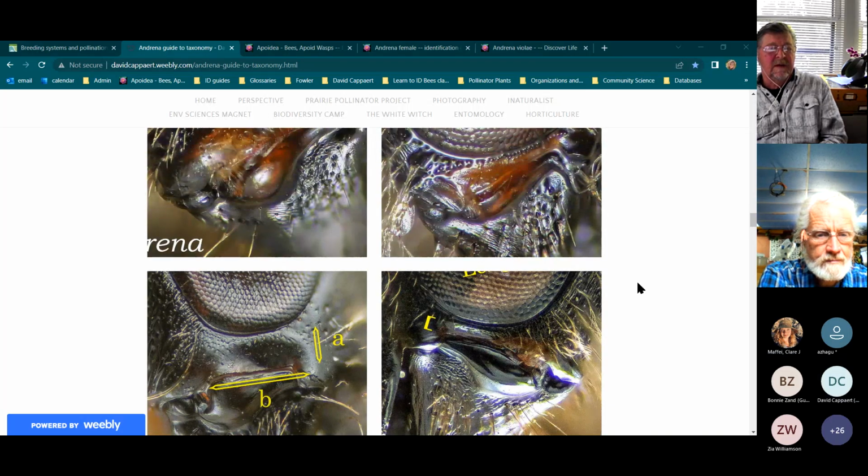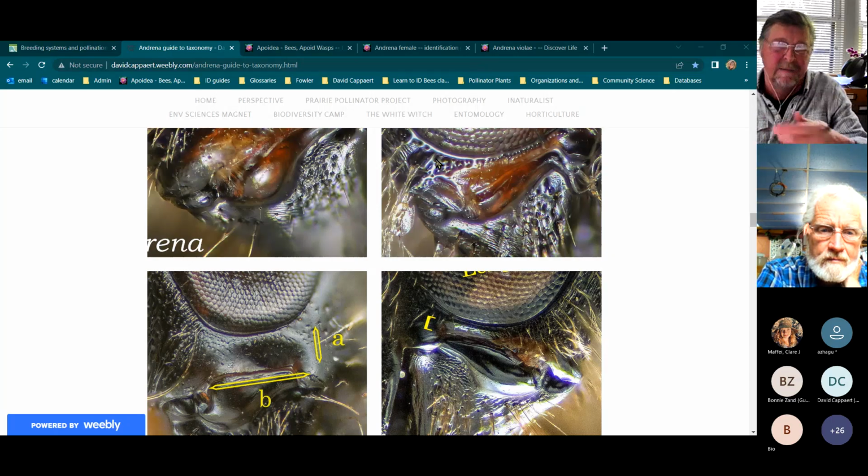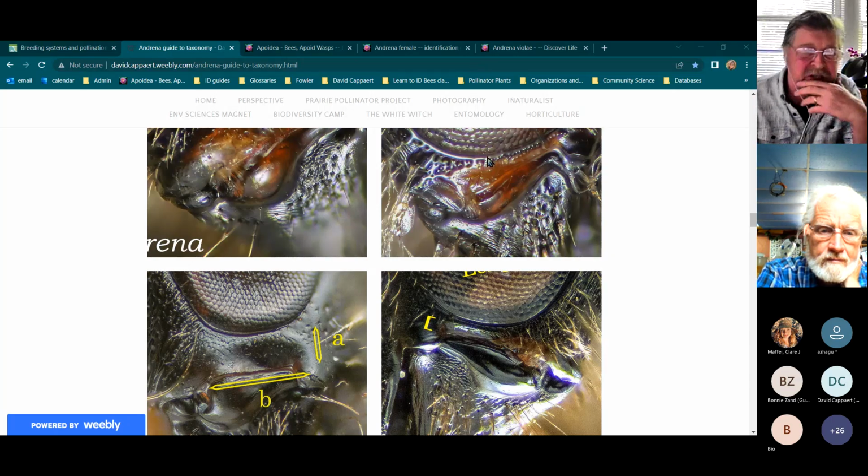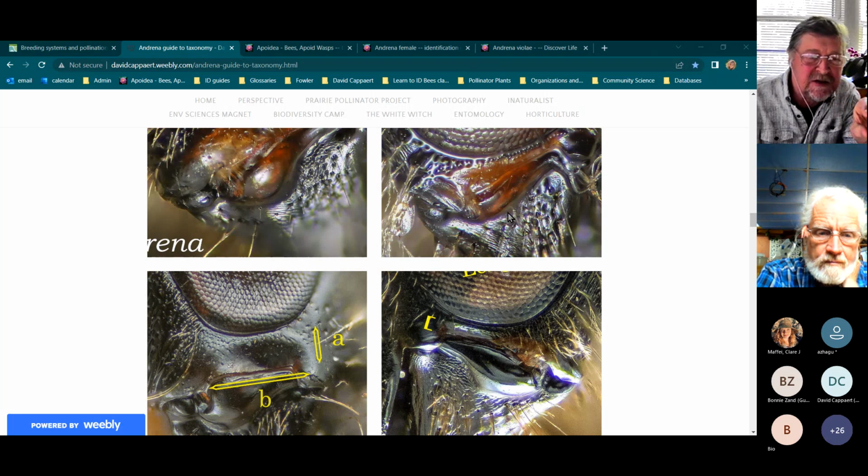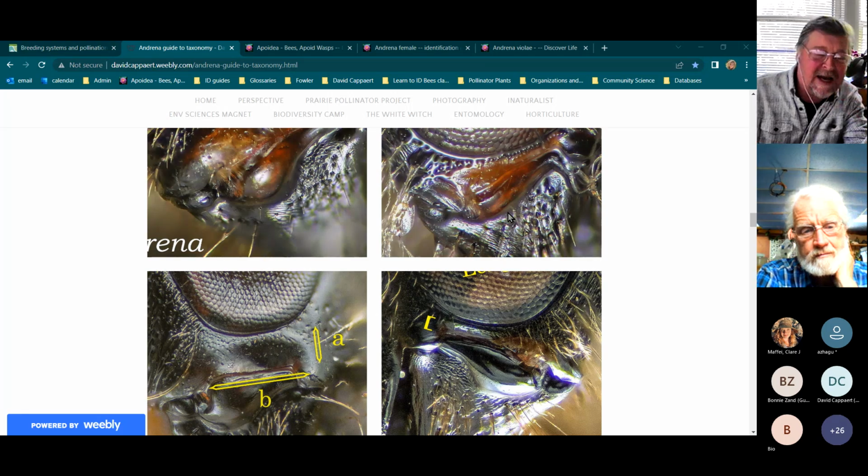Yeah, so the malar space above and below is easy, because it's between the lower margin of the eye, which is easy to see, and then the base, the flex point of the mandible. And if there's a space between those two, that's the malar space. The difficulty becomes, of course, laterally, because there's no clear demarcation laterally. There is ventrally and dorsally.